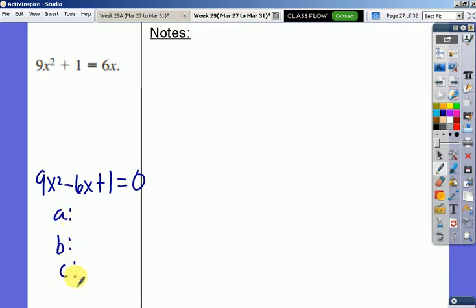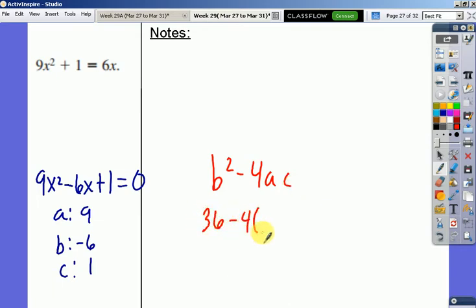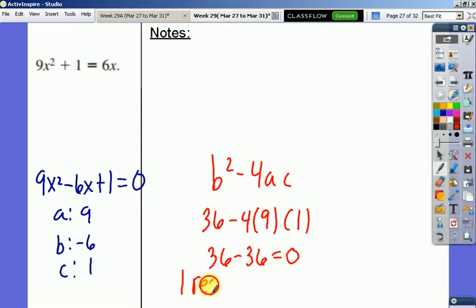A is 9, B is negative 6, C is 1. B squared minus 4AC. So what's negative 6 squared? 36. Minus 4 times A, which is 9, times C, which is 1. What do I end up with? 36 minus 36, which is 0, which means how many solutions? 1 real, which means how many x-intercepts?